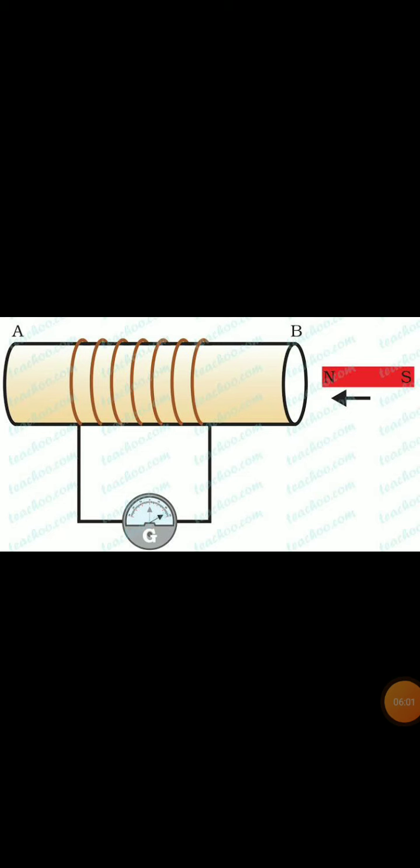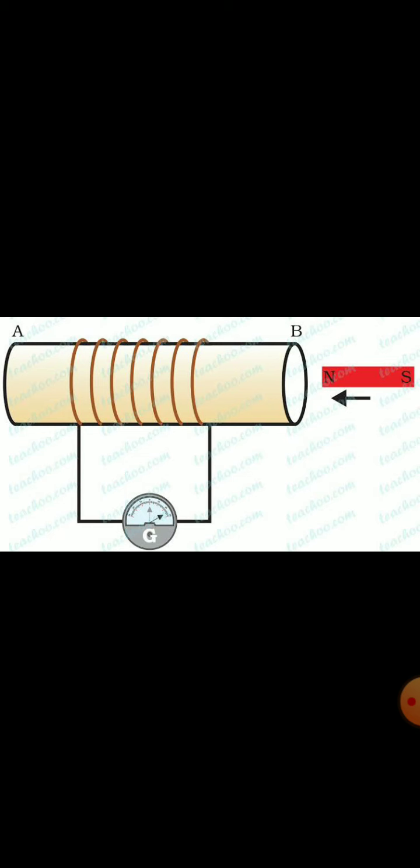As a result, there is a momentary deflection. Deflection means the needle, the pointer, will deflect. Momentary deflection, which means for a moment. For a moment only, there will be a deflection in the needle of the galvanometer.